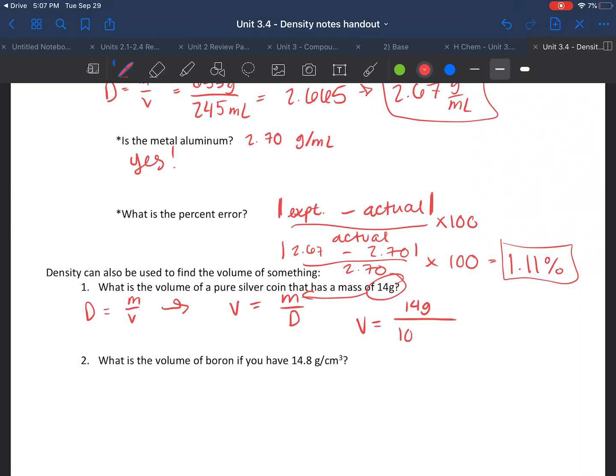That is 10.5 grams per centimeter cubed. Which, if we do the calculation, then we get 14 divided by 10.5, which gives us 1.3 centimeters cubed.